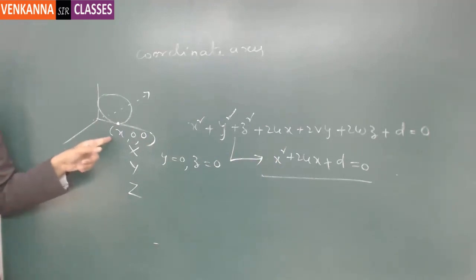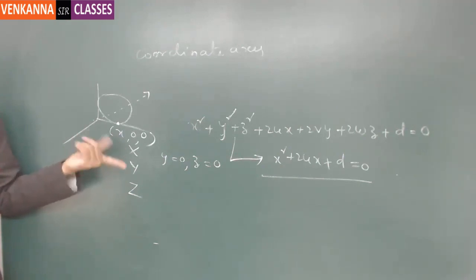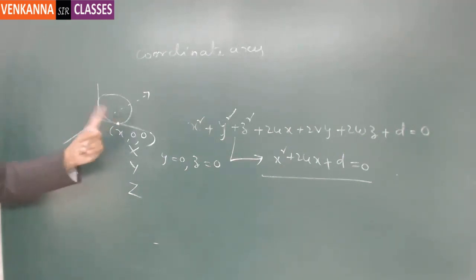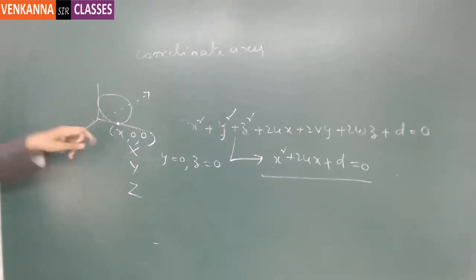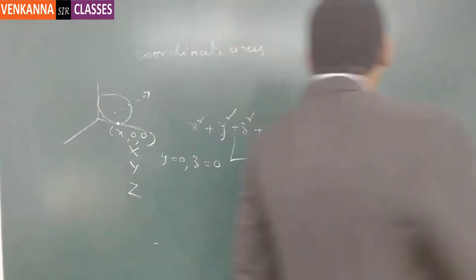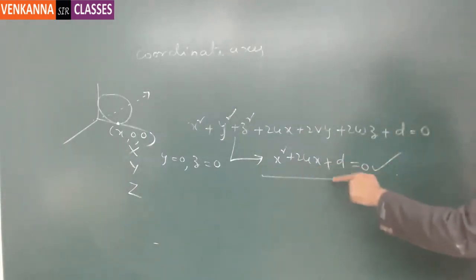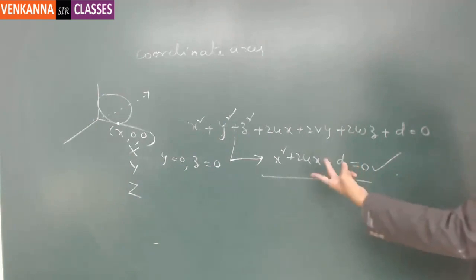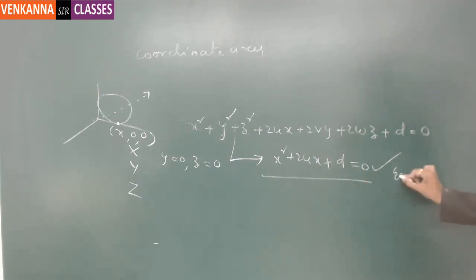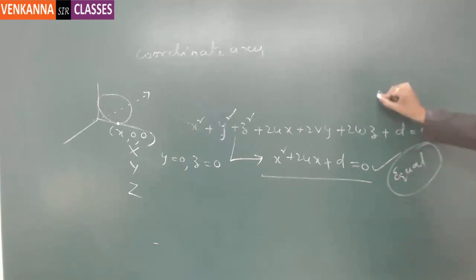Agreed? So there is exactly 1 point common for the sphere and the line. It is nothing but a quadratic equation, so it contains two roots which are equal, because exactly 1 point is common.